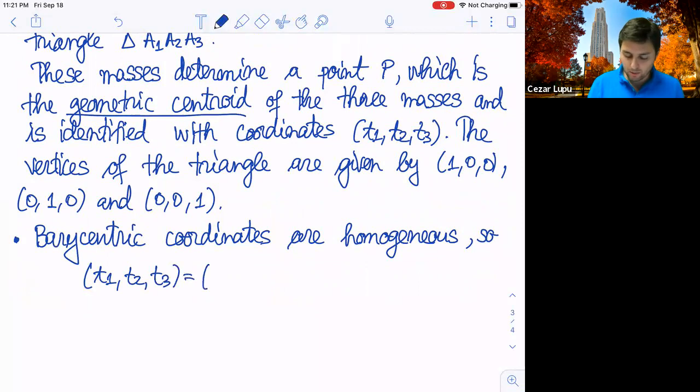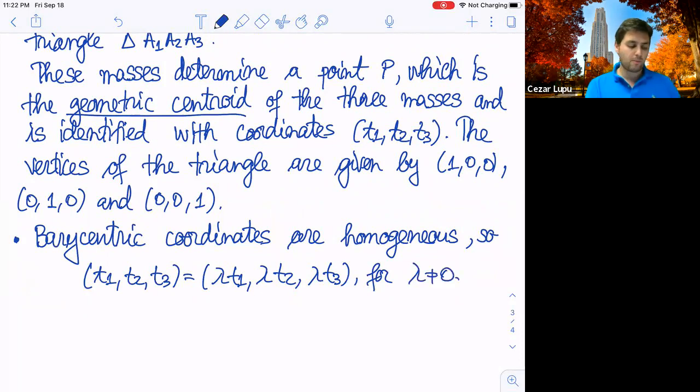This will always be equal to lambda T1, lambda T2, and lambda T3 for lambda non-zero, right?